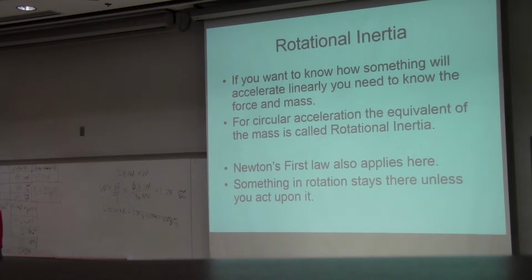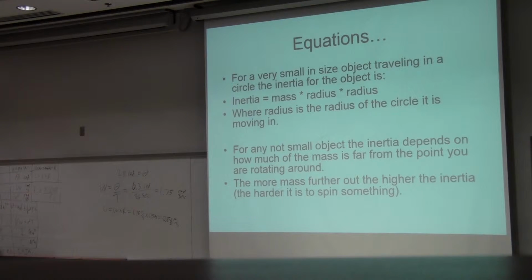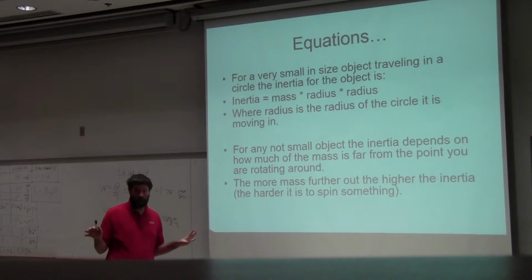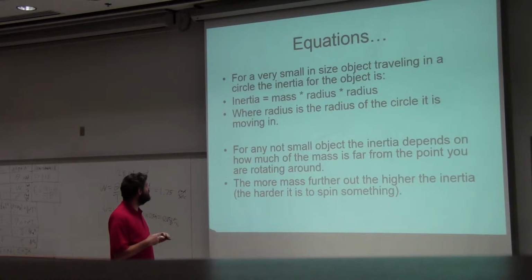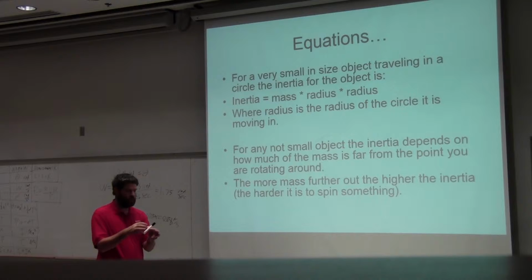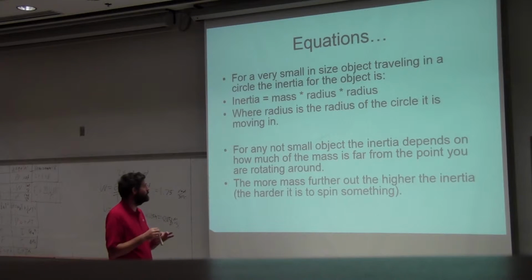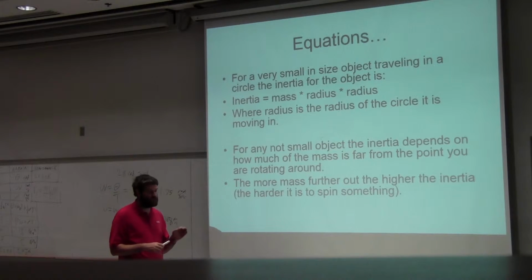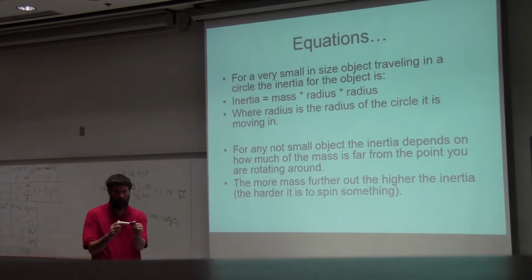And inertia is calculated. The maximum inertia an object can have is its mass times its radius times its radius. That's the maximum. The minimum is 0. For each piece of mass, the inertia for that piece of mass is mass times radius times radius, where the radius is the distance between that piece of mass and the center of rotation of the object.